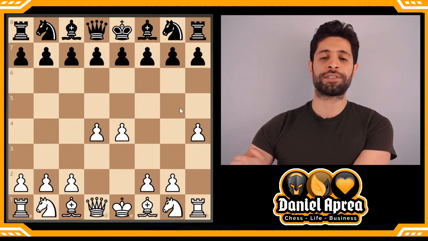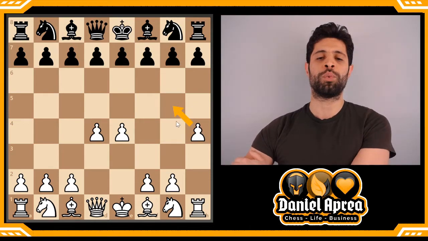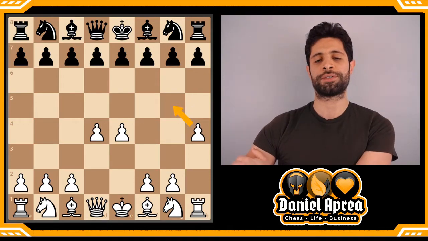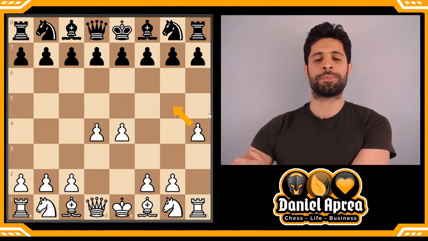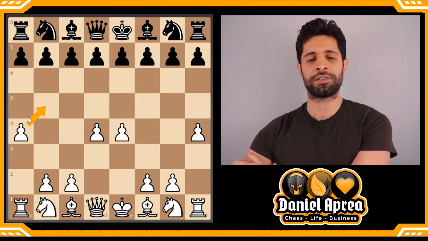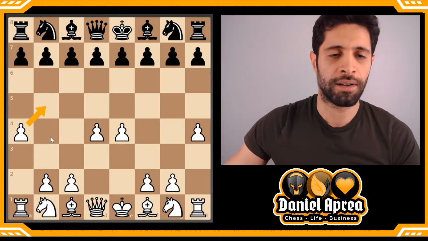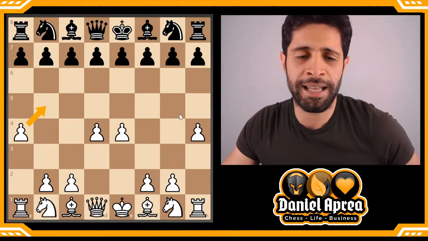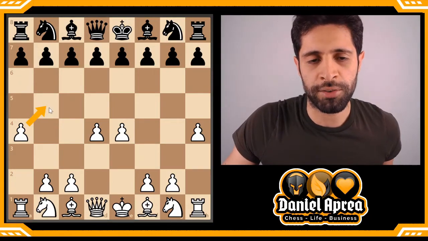This pawn here, for example, can only control one square at a time rather than two squares. So this pawn here is not as valuable as a central pawn because it's only one square instead of two.